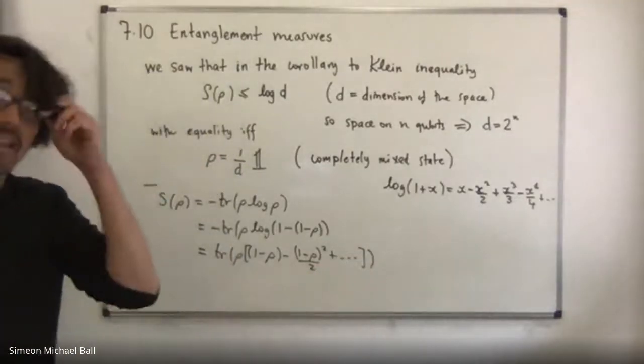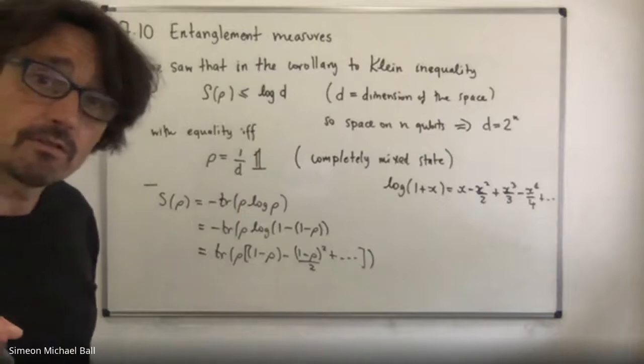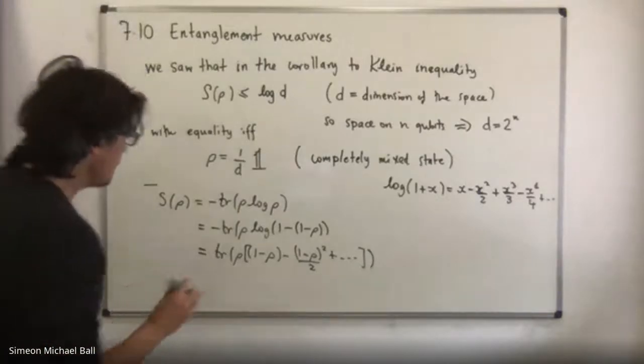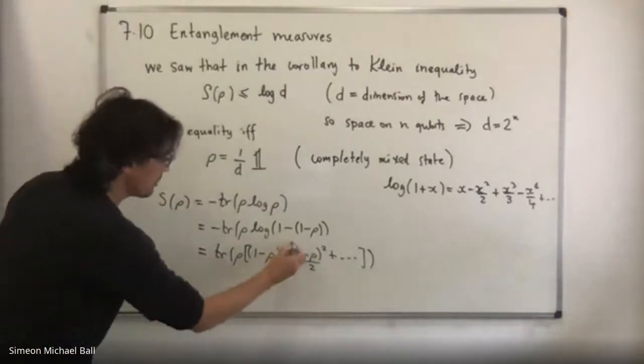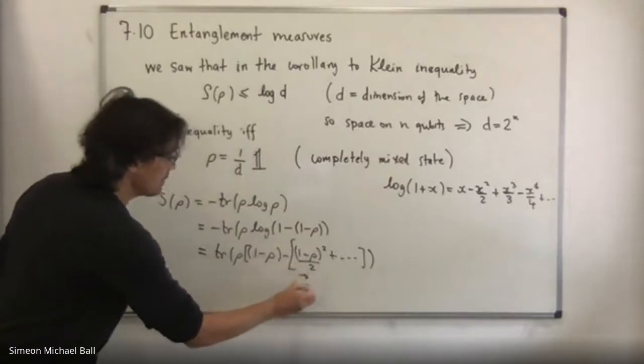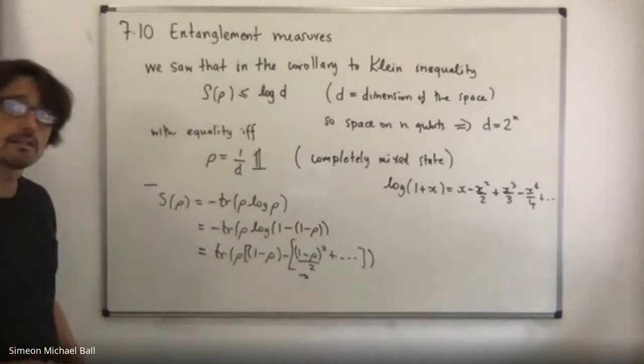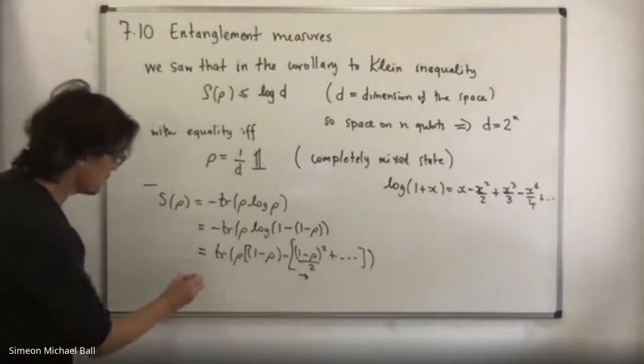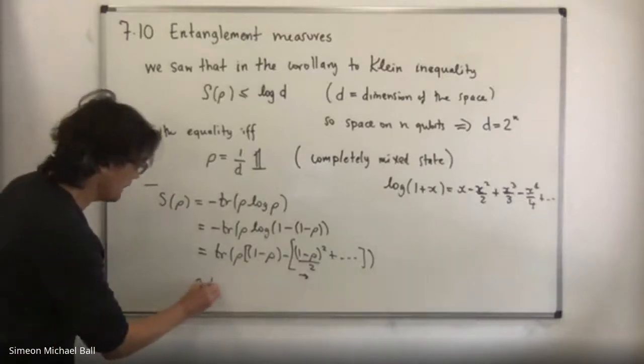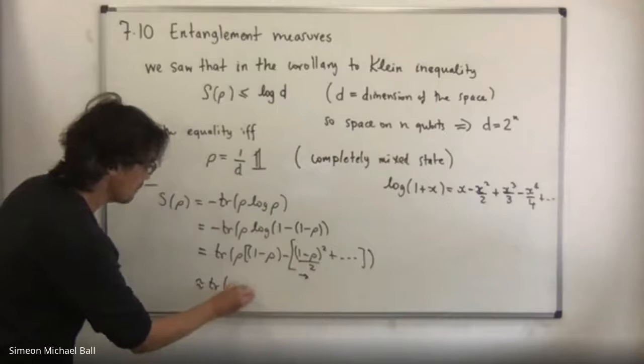Now we make an approximation by saying these terms from here onwards are going to be less important in this sum. So this could be approximately equal to the trace of rho minus rho squared.